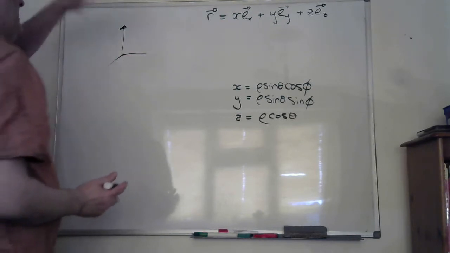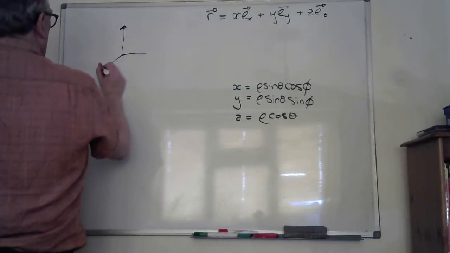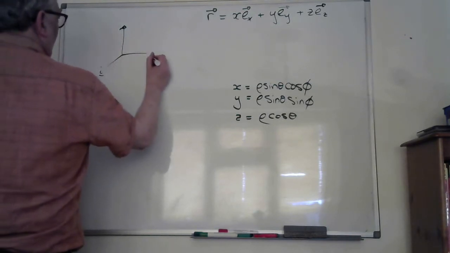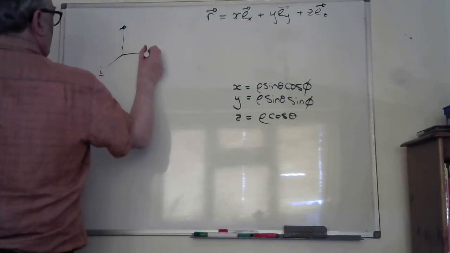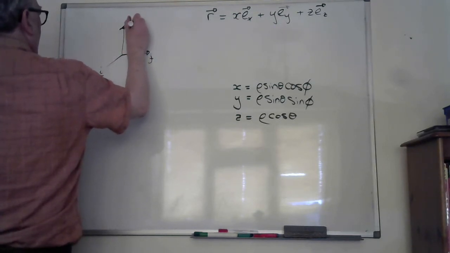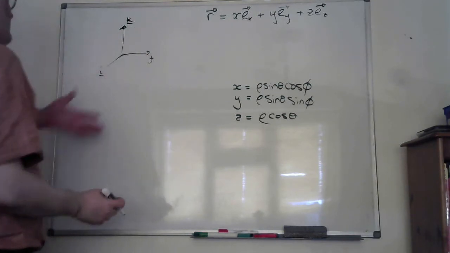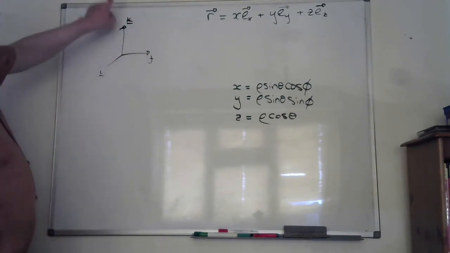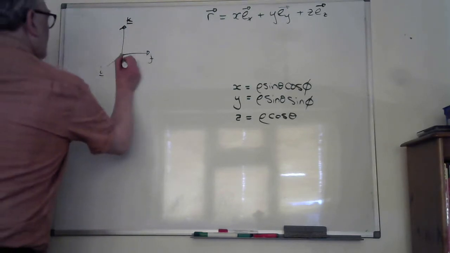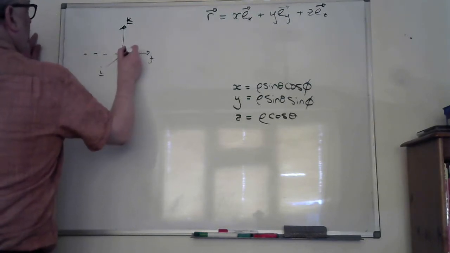In high school mathematics, you would have your i coordinate along there, your j coordinate along there, and your k vector going vertically upwards.